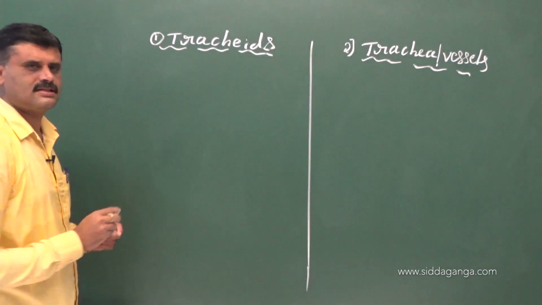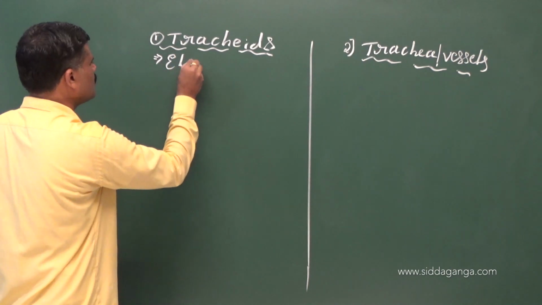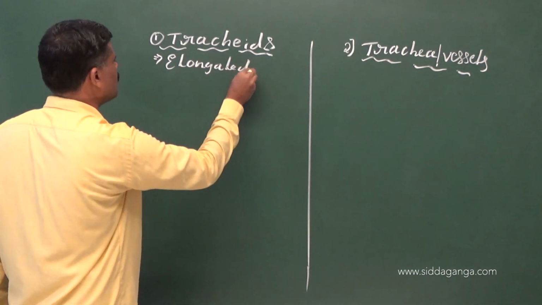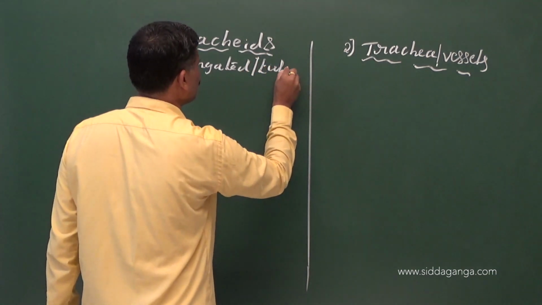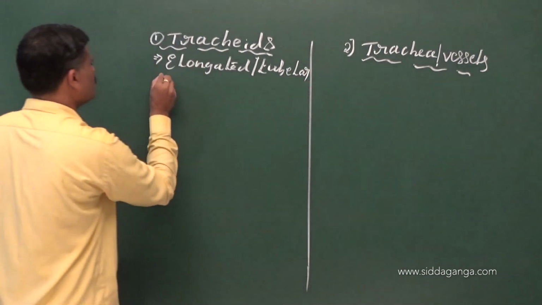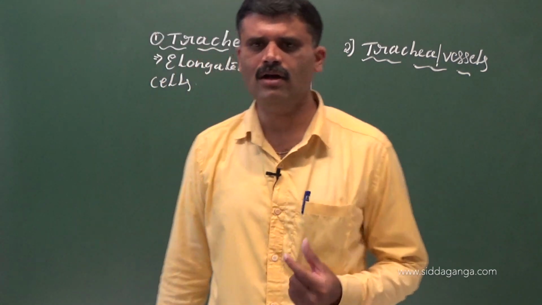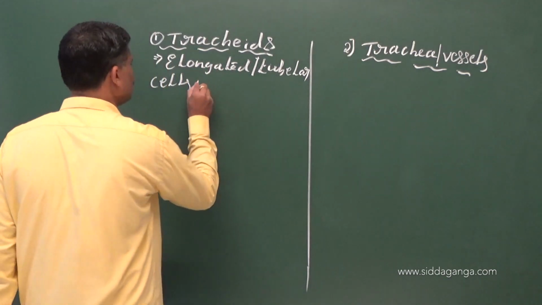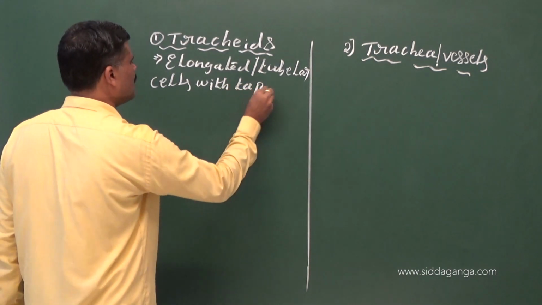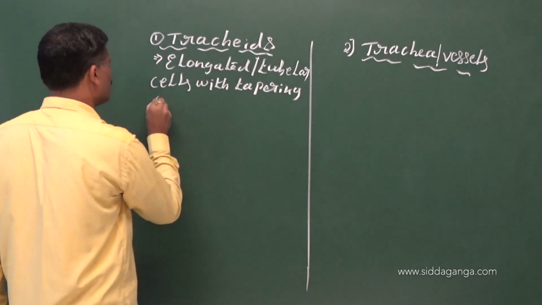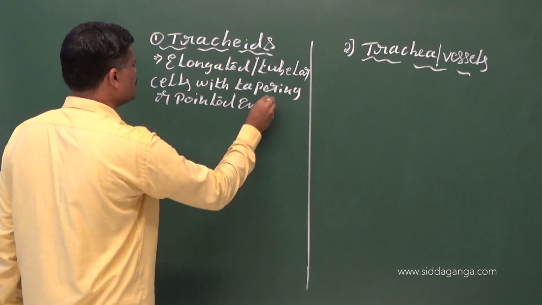See, tracheids are nothing but elongated or tubular cells. Tracheids are elongated tubular cells with tapering or pointed ends.